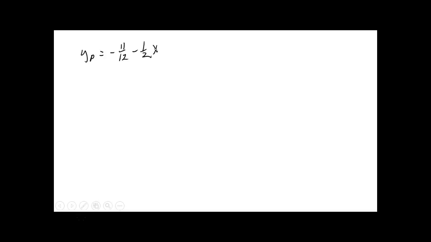That's a particular solution. It says by substitution, this particular solution is readily shown to be a particular solution of the non-homogeneous equation y triple prime minus 6y double prime plus 11y prime minus 6y is equal to 3x.